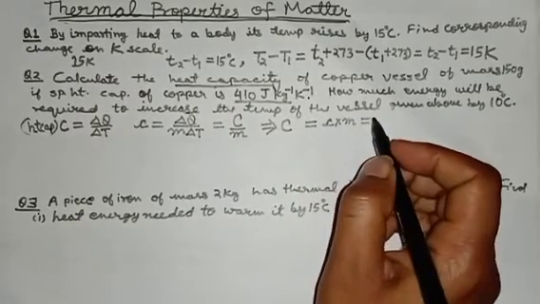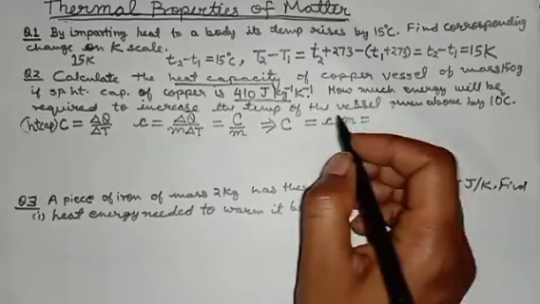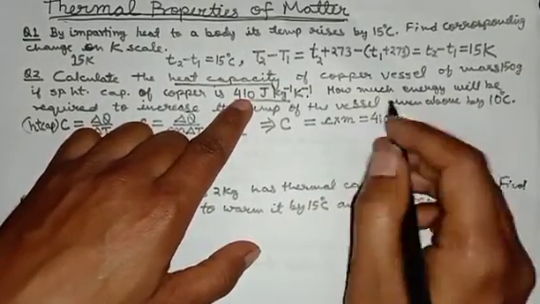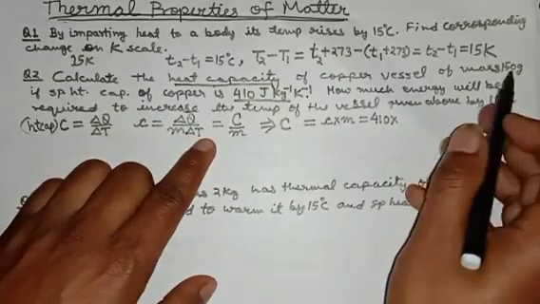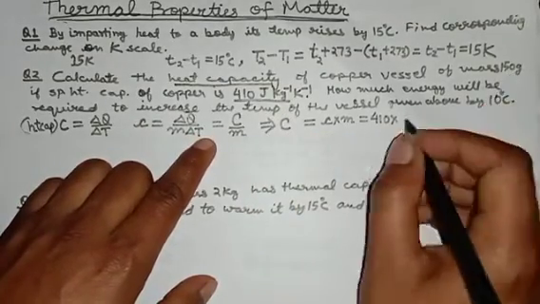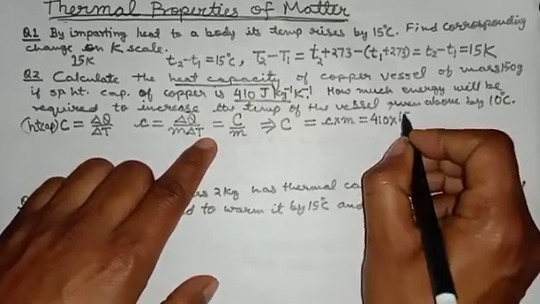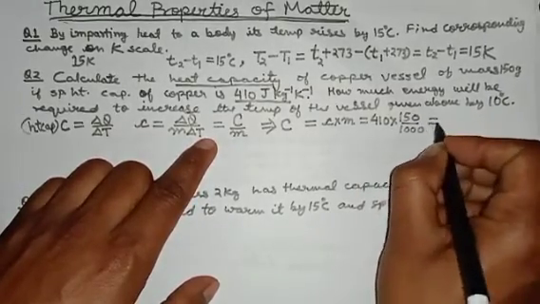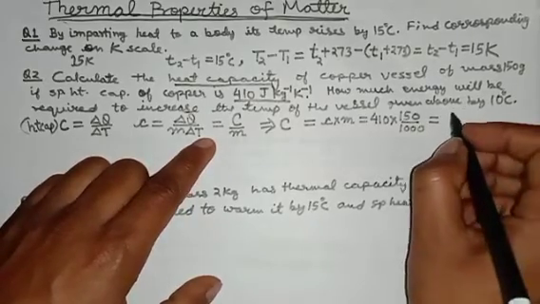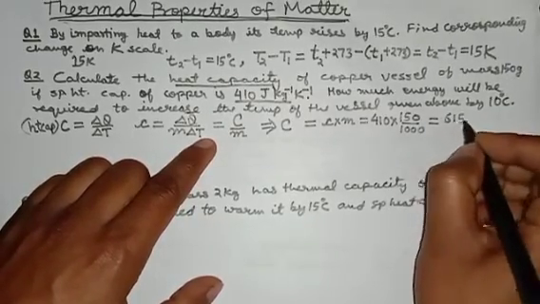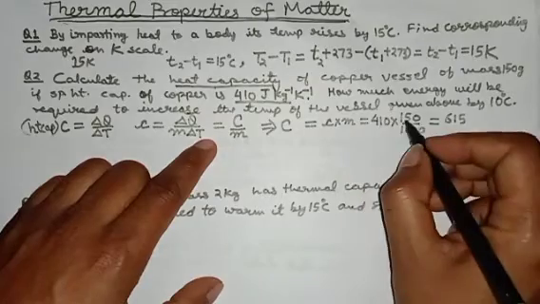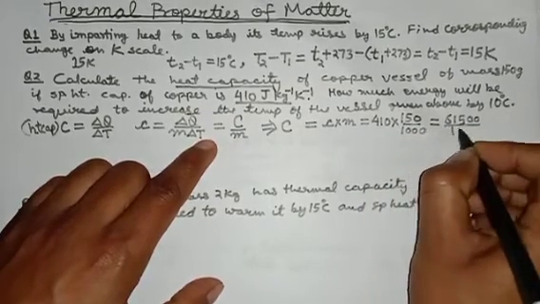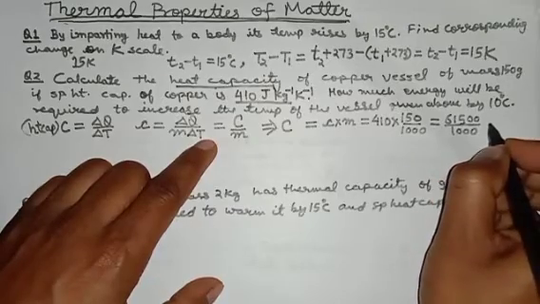But keep in mind which unit we are choosing. Specific heat capacity c is 410, and M is 150 gram, so we have to convert it into kg: 150 upon 1000. Multiplying, it is 410 into 150 divided by 1000.